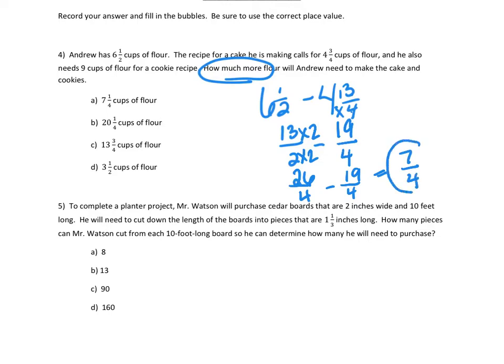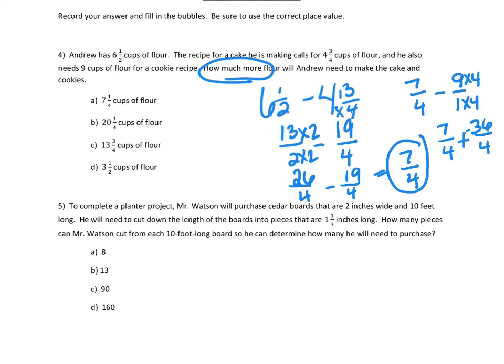Okay, now, but I'm not finished because I need 9 more cups. So that's when I say 7 fourths minus 9 whole cups. Because I'm in fractions, I've got to keep my numbers in fractions. Common denominator is going to be 4. So 7 fourths minus 36 fourths. Okay, I can't take 36 from 7, so we know that we change, different signs, subtract and keep the sign of the larger, which is going to be 29 fourths.